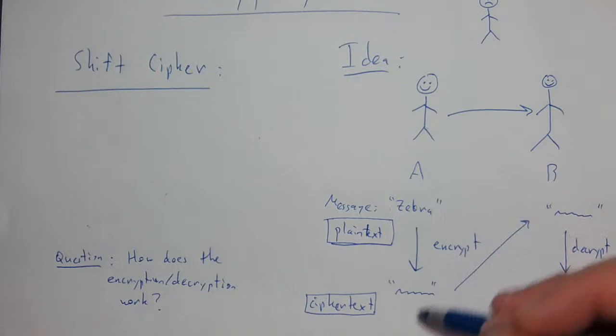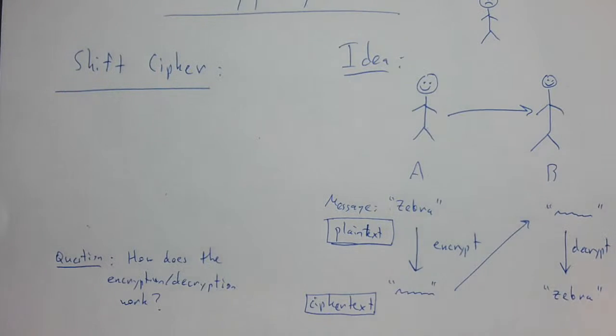So the encryption method is going to be reversible in some way that allows my ciphertext to be decrypted, and both of my people A and B are happy.